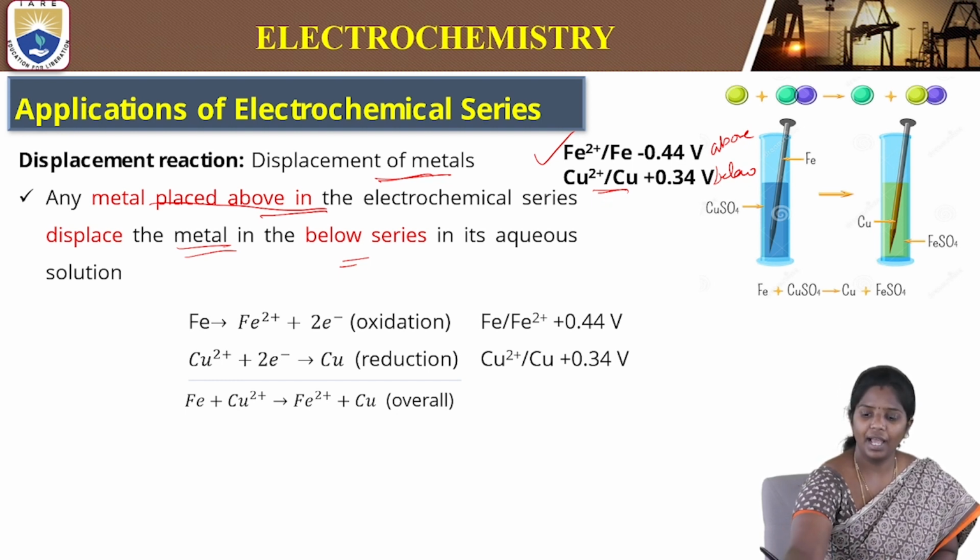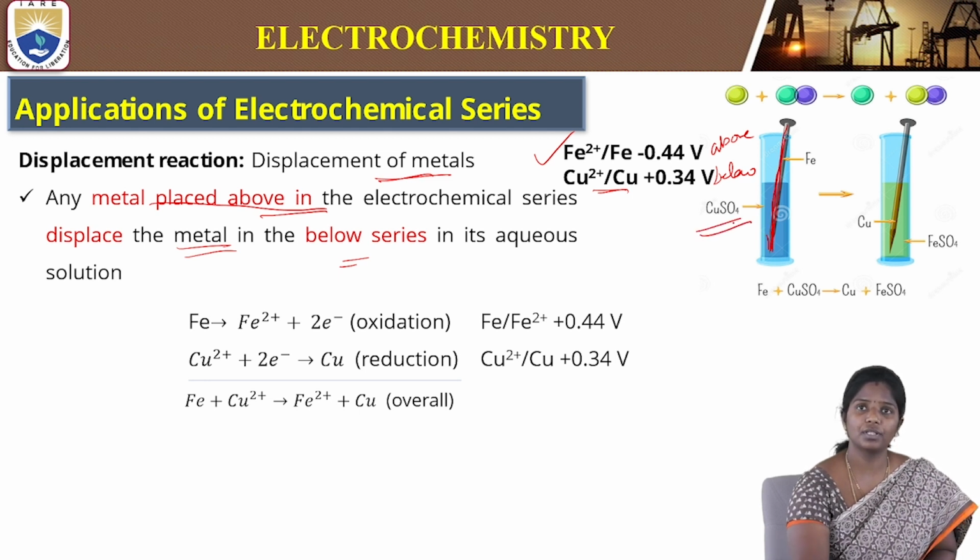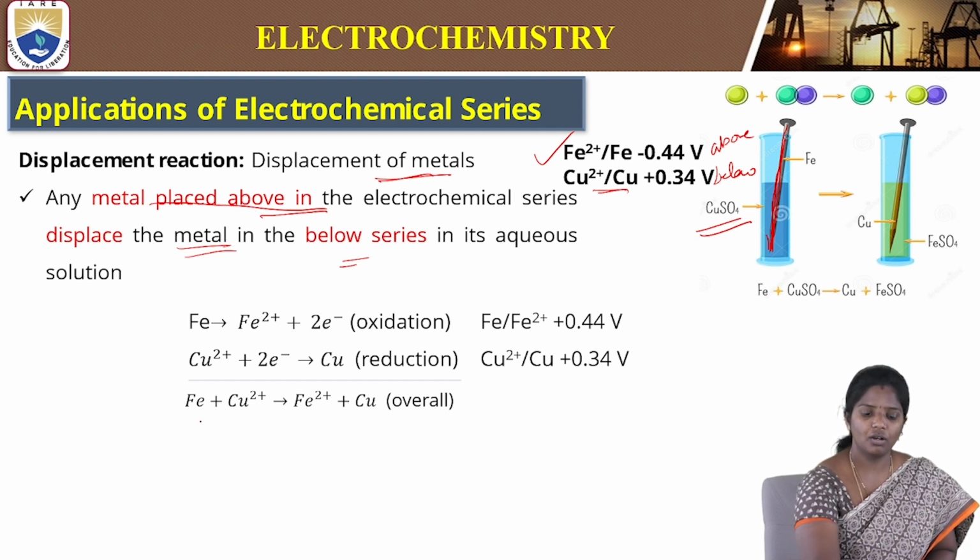For example, an iron nail is dipped in a copper sulfate solution. The copper is reduced to copper metal.